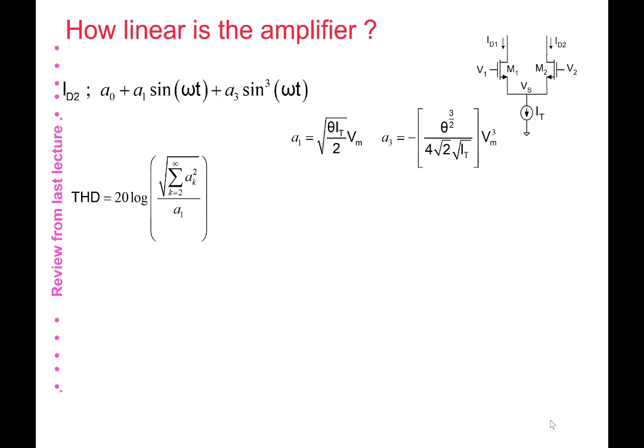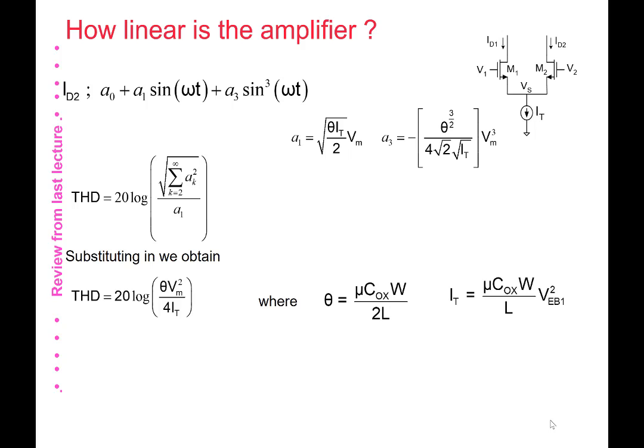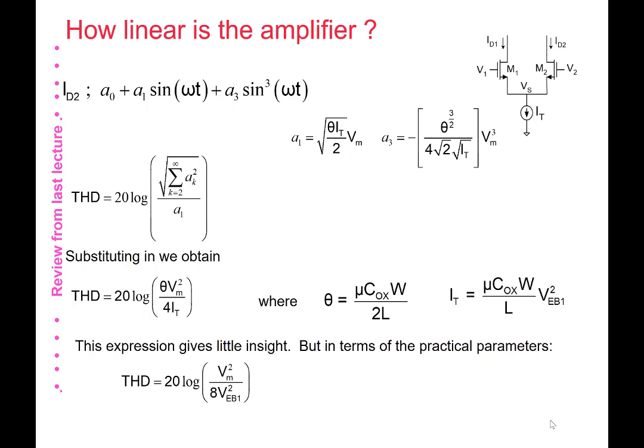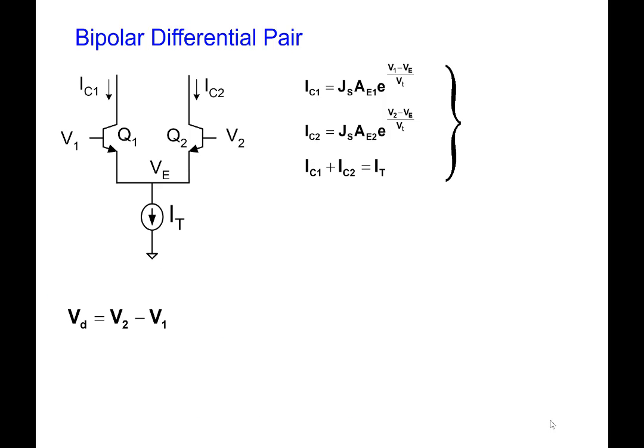And we observed that there was no even order distortion present in this differential amplifier, and that's due to the fact that we operate it differentially. And we found that the total harmonic distortion could also be expressed in terms of the excess bias voltage. And so we get analytical expressions for what the total harmonic distortion was. To make THD small, again, we want to make the excess bias voltage big.